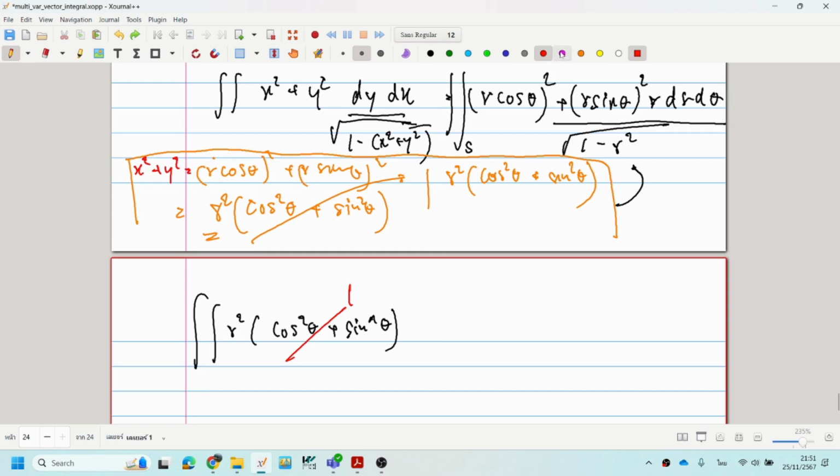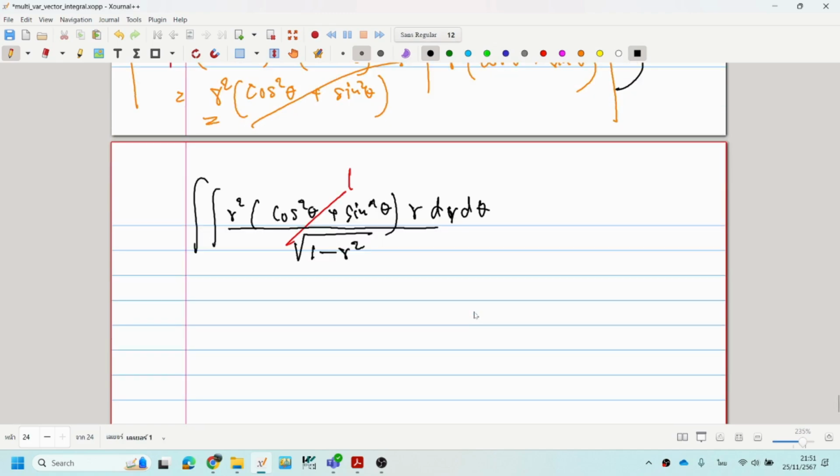Okay, the rest of the terms: r dr d theta divided by the square root of 1 minus r squared, right?